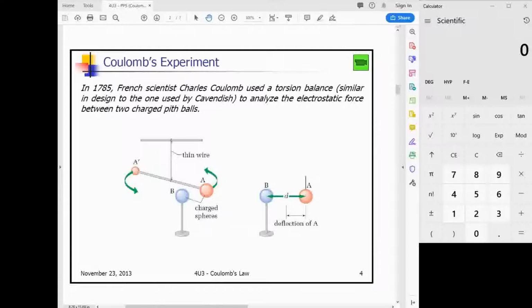So he had pith balls, which were spheres that could be charged, and he charged them positively or negatively, but the same charge, so that they would repel each other.